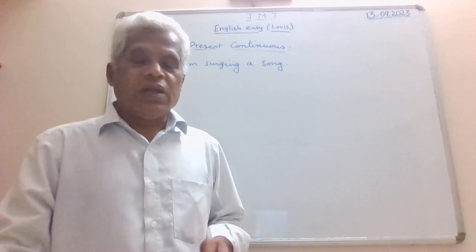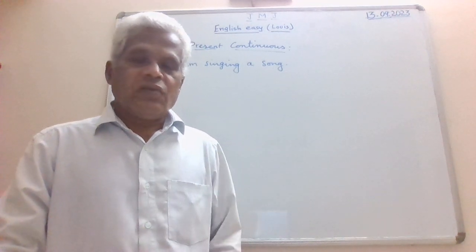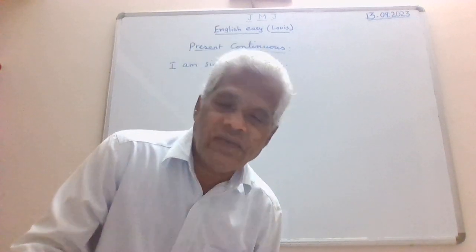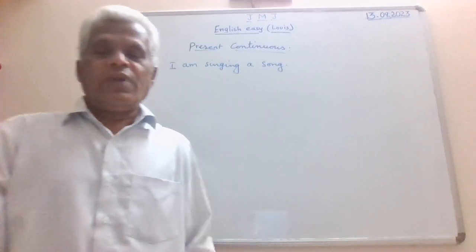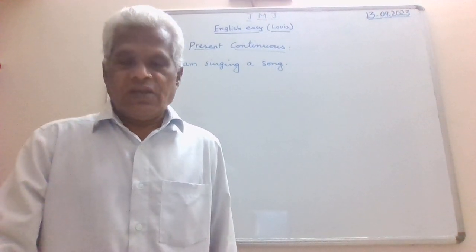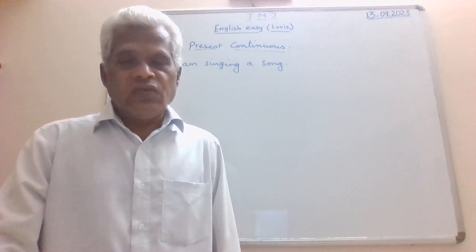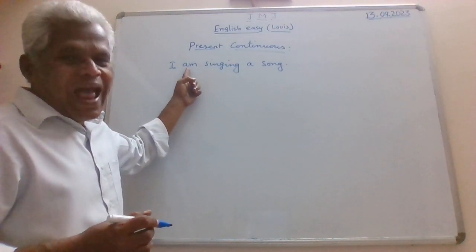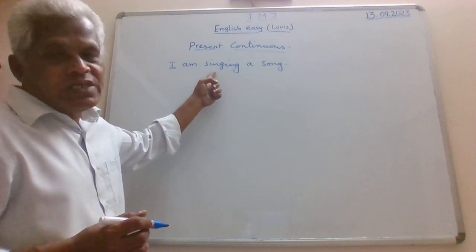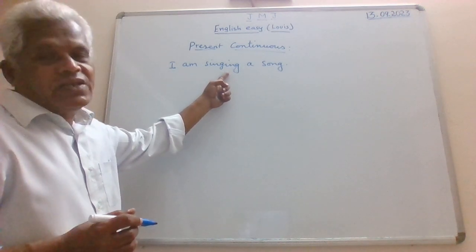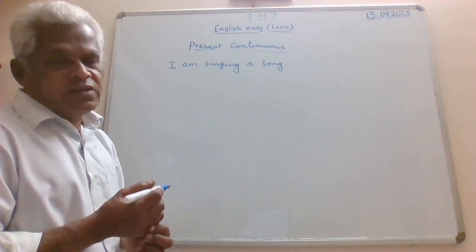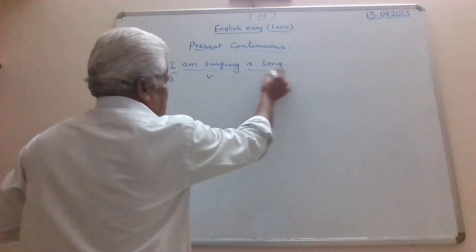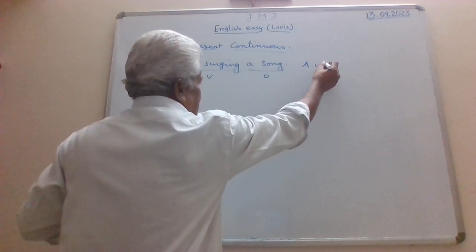As I had already informed you, after present tense and past tense, even in active voice, all the verbs will have their auxiliary verbs depending upon the tense. So here it is continuous tense, and the subject is I, therefore we are adding am as the auxiliary verb, and the main verb is sing, and we are adding ing to the main verb, and then the object. So this is your subject, this is your verb, and this is your object. So let's remember, this is active voice.